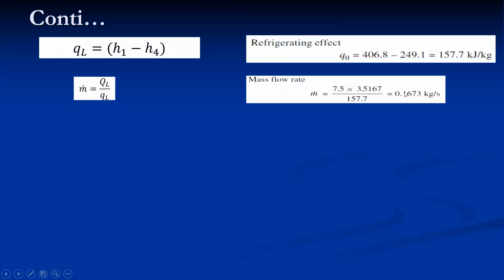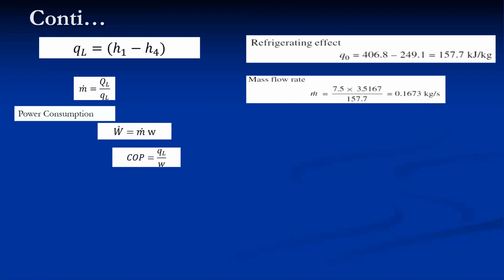That gives you mass flow rate in kg per second. With the help of mass flow rate, we can calculate power. So power is given by mass flow rate into specific work. It comes around 4.45.